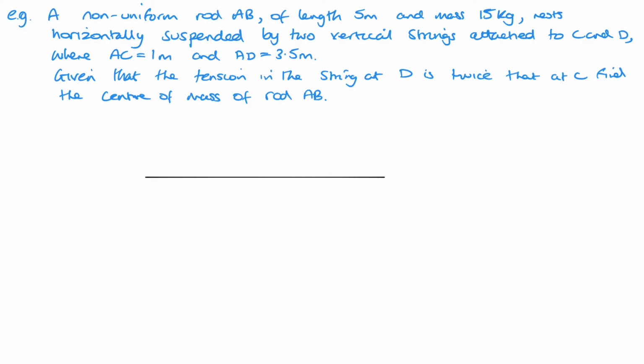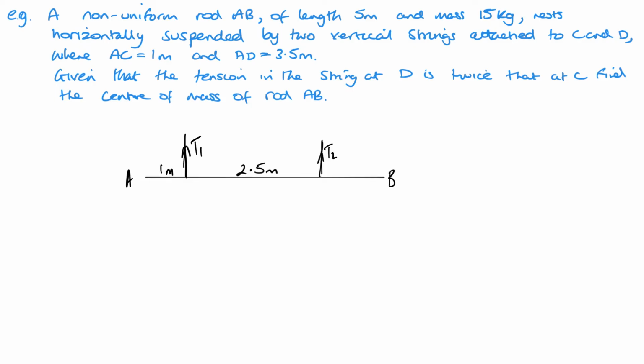The strings are attached at C and D, so let's put A and B, and C is going to be 1 meter from A. So that's tension 1, and that's 1 meter. And AD is going to be 3.5 meters from A, so this distance in between them is 2.5 meters.